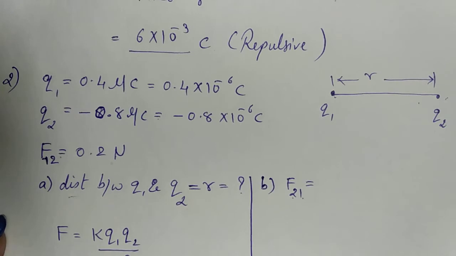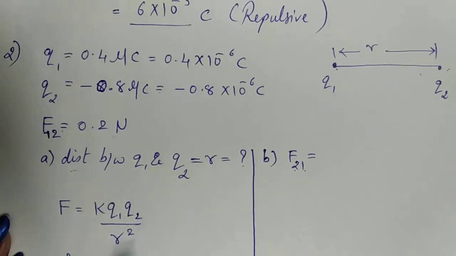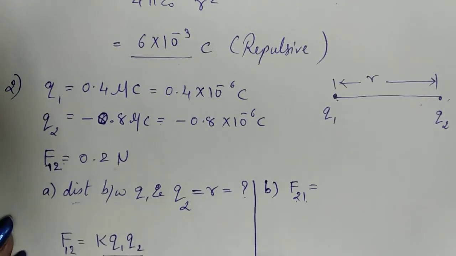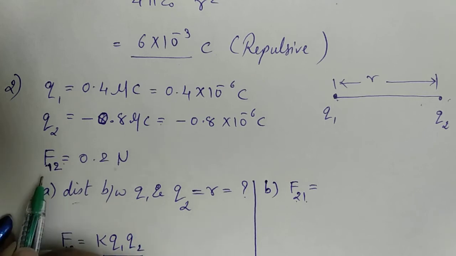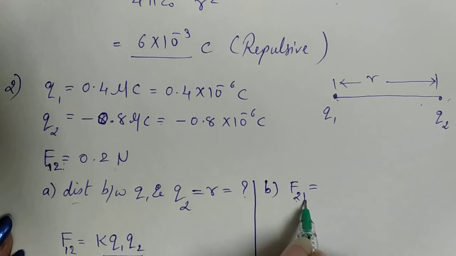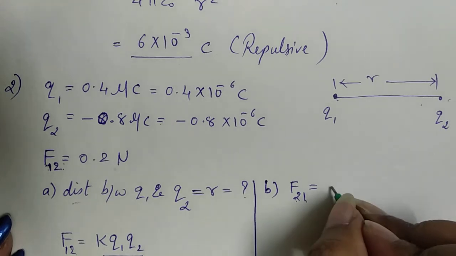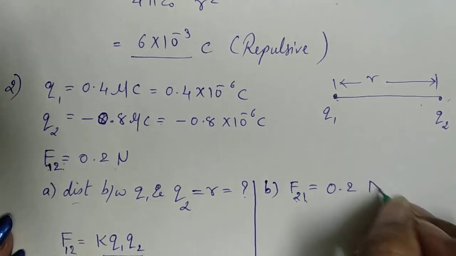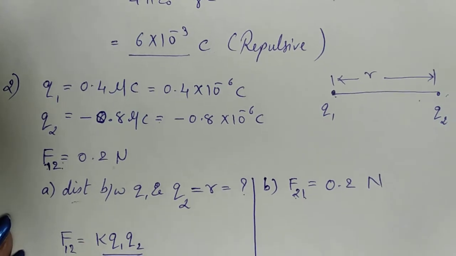As we have studied, Coulomb's law also obeys Newton's third law. According to this equation, if I substitute the values for F12, or F21, I'm going to get the same answer. The force acting on the first sphere by the second, or on the second by the first, will be the same, so there is no need of calculating.